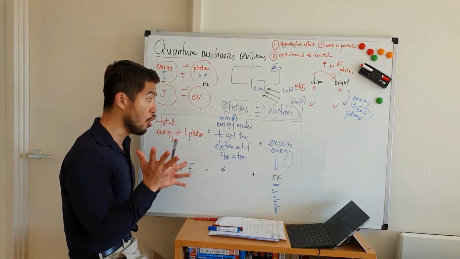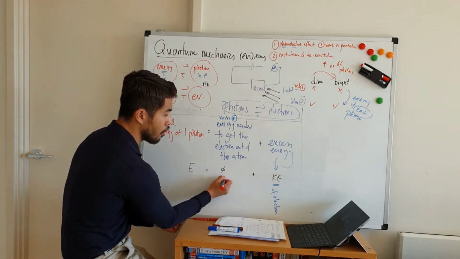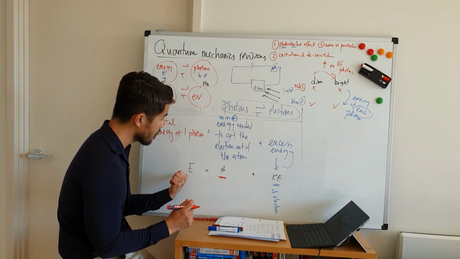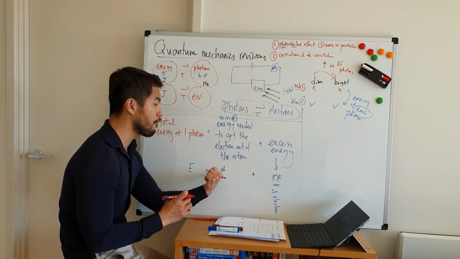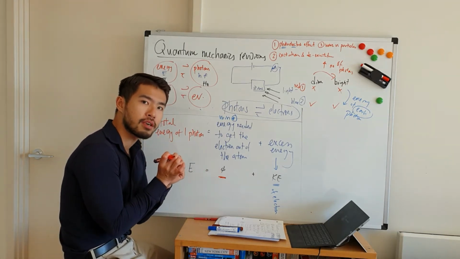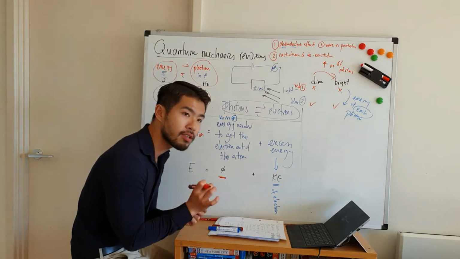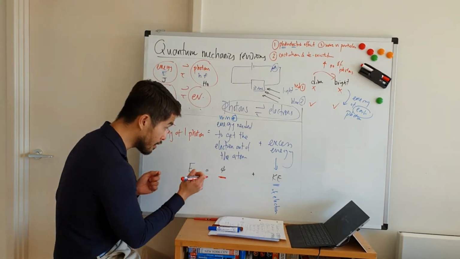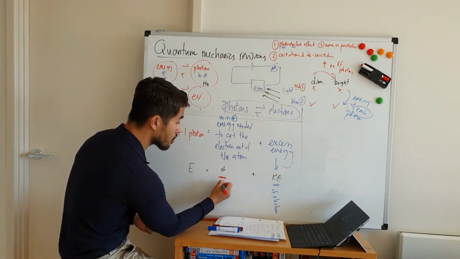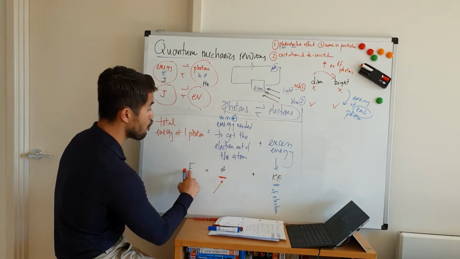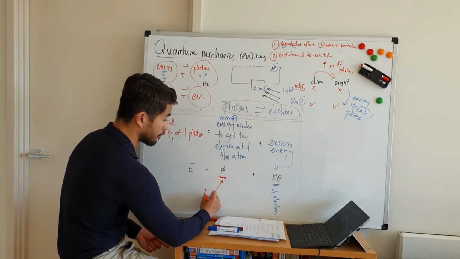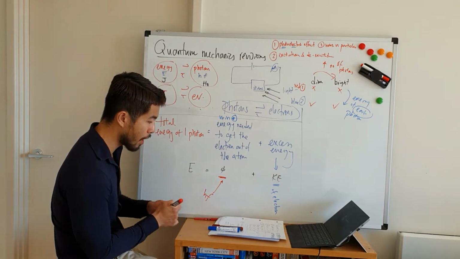What if there's no excess energy? Well, if there's no excess energy, that means the photon has just enough energy to release an electron. And this is a special case, because in this special case, the energy will be equal to hf. Okay?